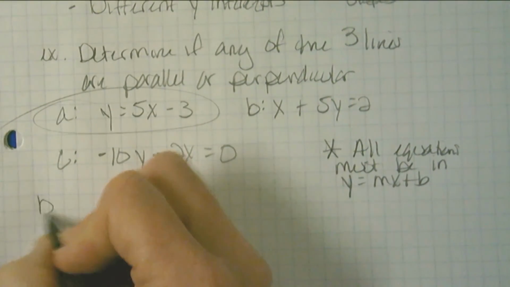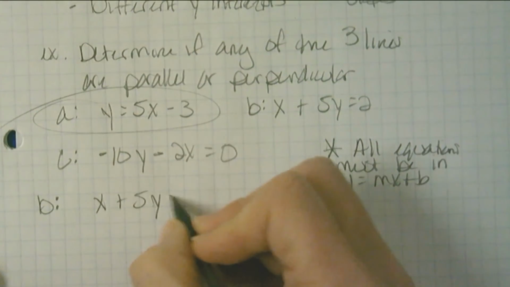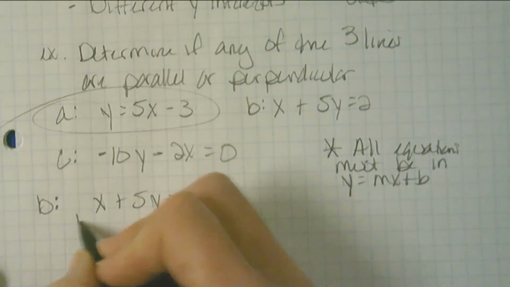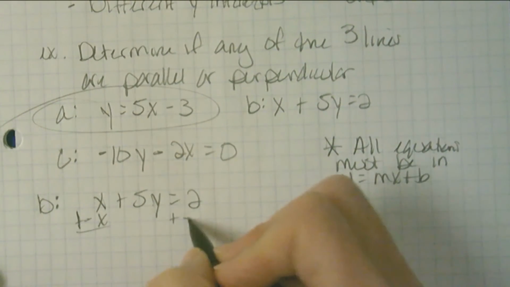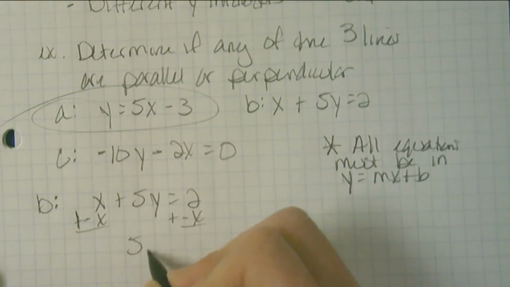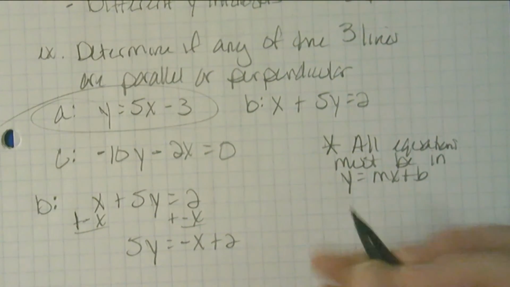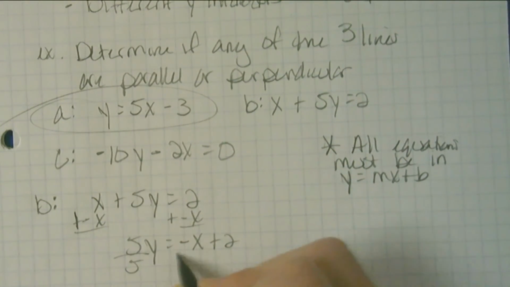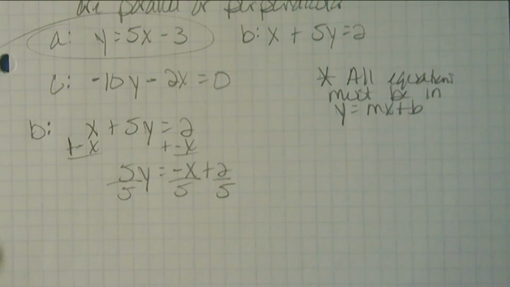All right, I'm going to do B. Go ahead, you guys do it as well. Remember, you need to solve for y. When you're doing this, divide each term individually on part B by that 5.